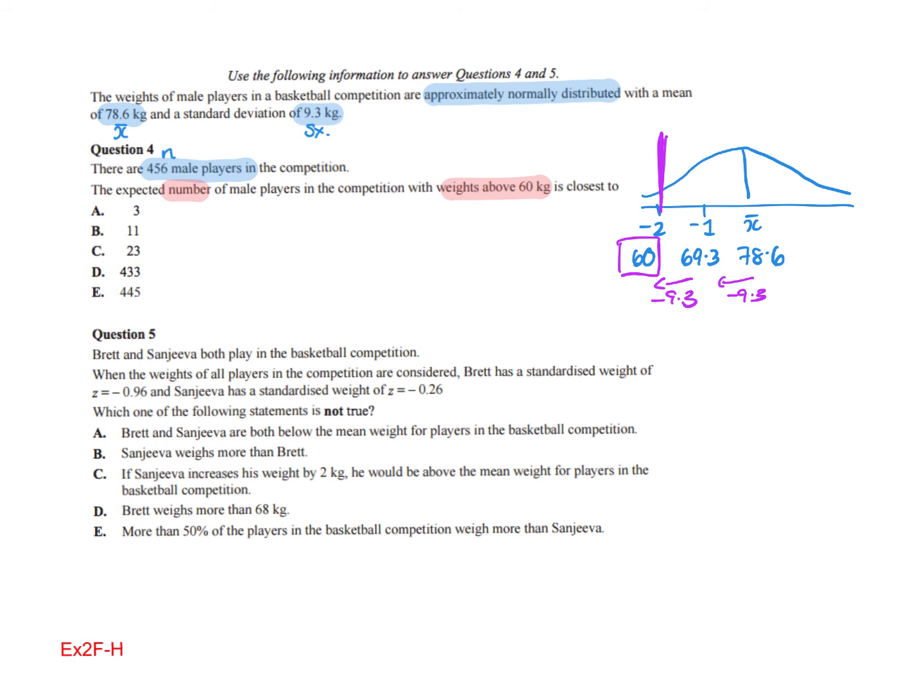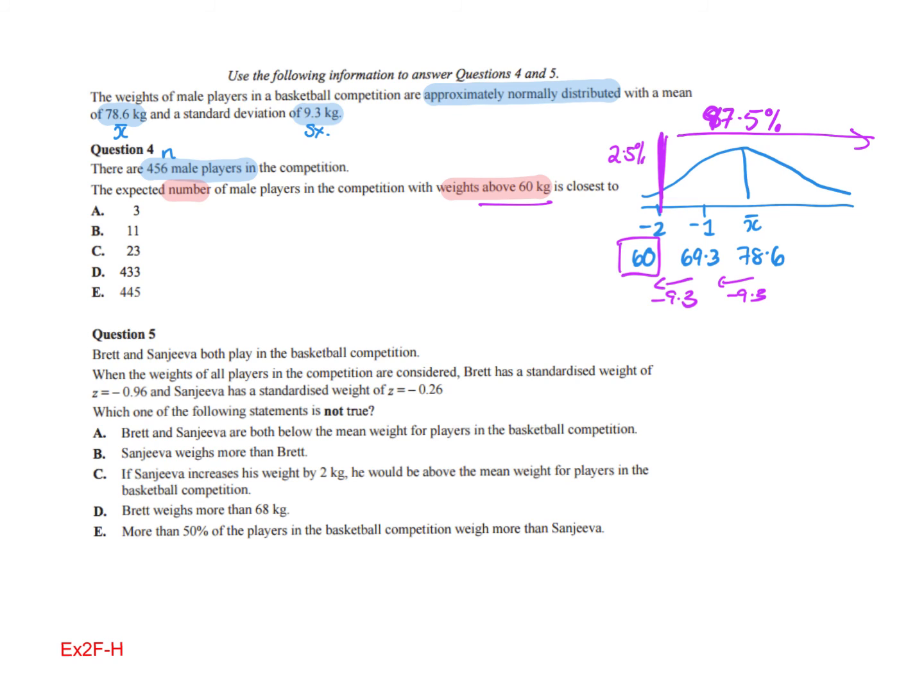Now, it says how many people have a weight above that? So if we're at 2, this little pocket is 2.5, what would the rest of the graph be? You'd do 100 minus 2.5, which would be 97.5. Yes? Do you understand that? Because it would all have to make up to 100.